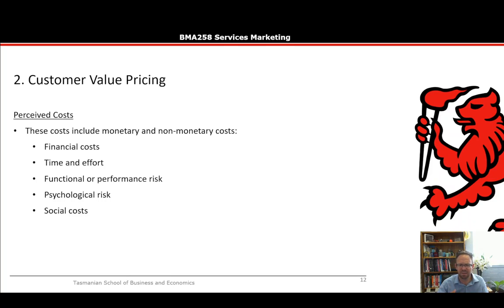Like if you've ever been considering a new service, you think, oh, I'm not quite sure how it works, that's a psychological risk. And then we've got social costs, which are, if you buy a particular product or service, and your friends go, oh, why'd you buy that? That's gross. Then you've got social damage or social cost.